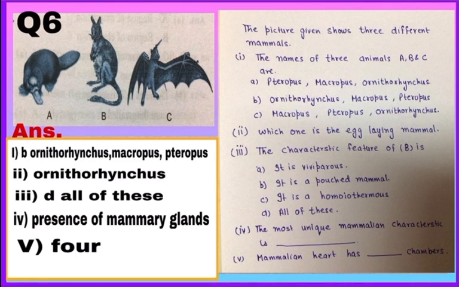So correct answer is D. All of these, mark D. Fourth part of the question, the most unique mammalian characteristic is, it is presence of mammary gland. It is the most important character of all mammals. Fifth part of the question, mammalian heart has dash chambers. Mammalian heart has 4 chambers.